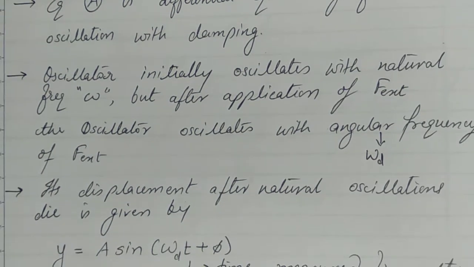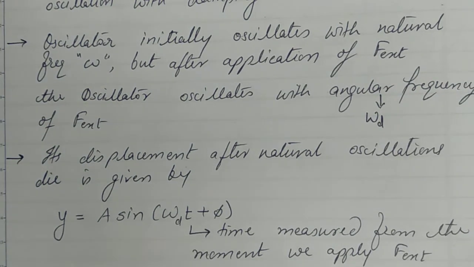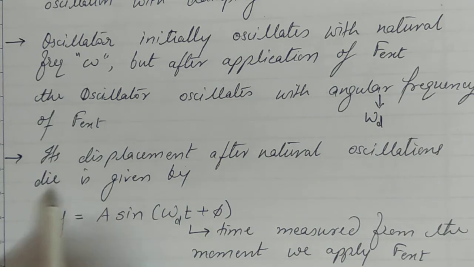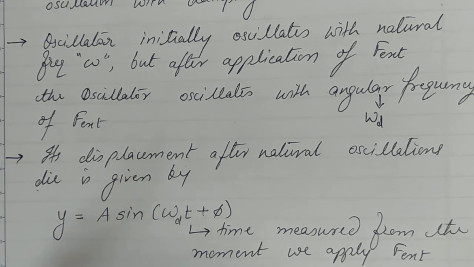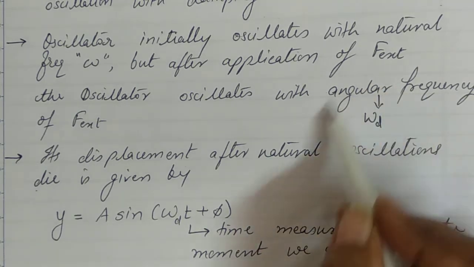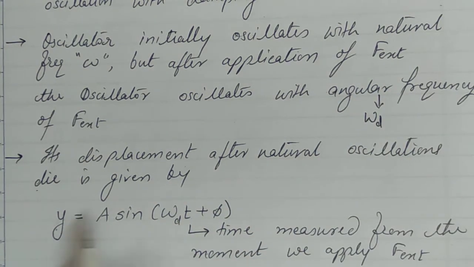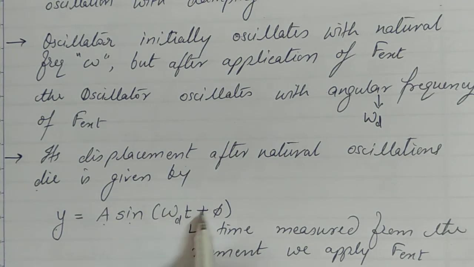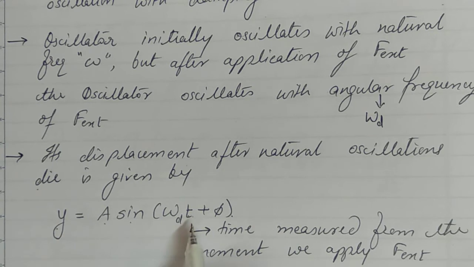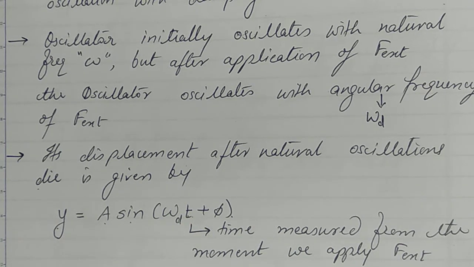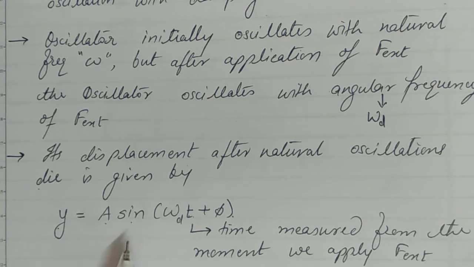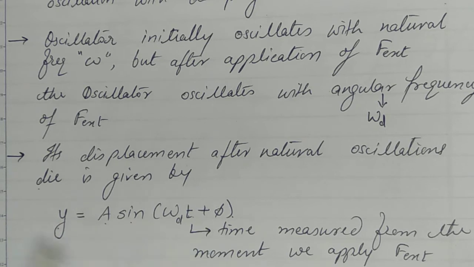So the displacement after the natural oscillations die out will be: y is equal to a sine(omega d t plus phi), where this time t is measured from the moment we apply the external periodic force. So this is the displacement after the application of the external periodic force, when the natural frequency dies out and the system oscillates with the external periodic force angular frequency.